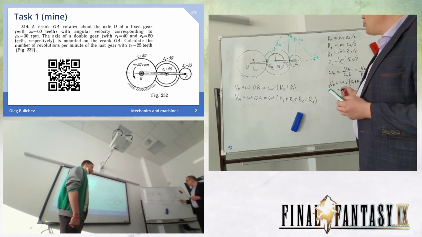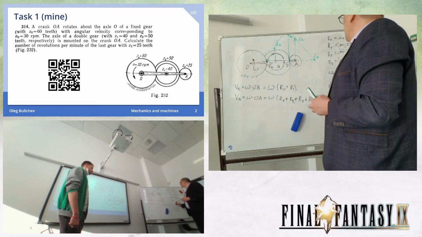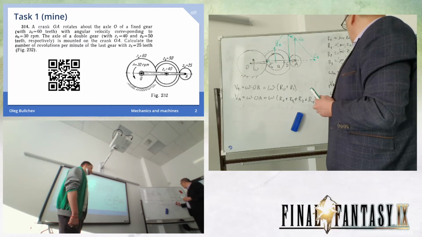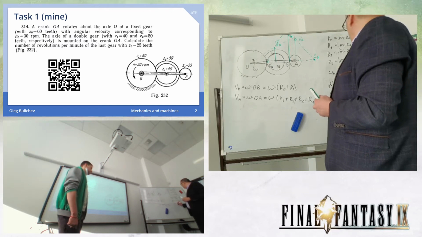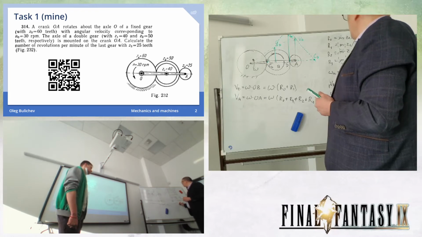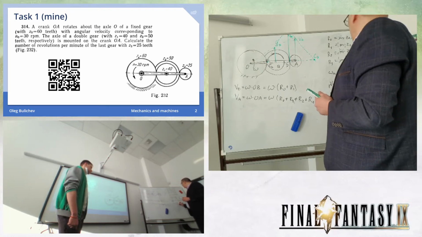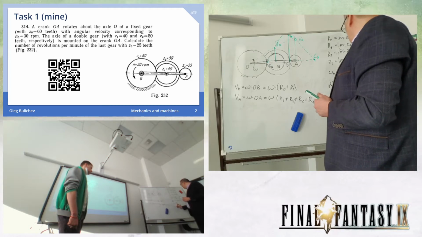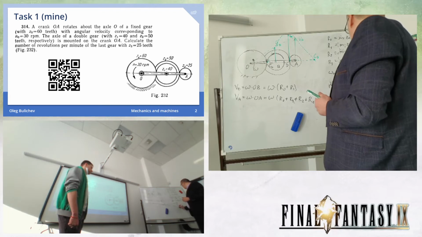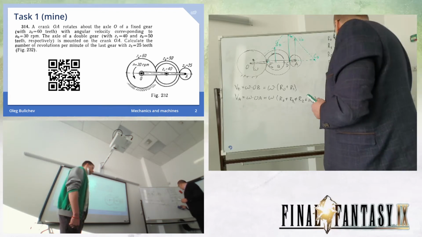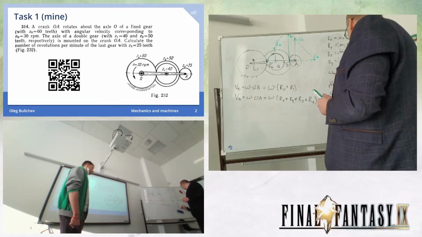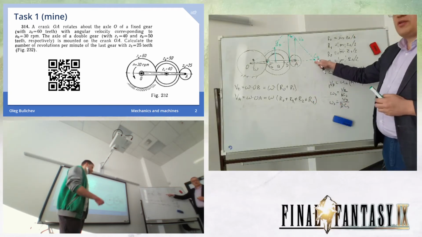We can write omega 3 is VA divided by AC3, or we can write omega 3 is VD divided by DC3.